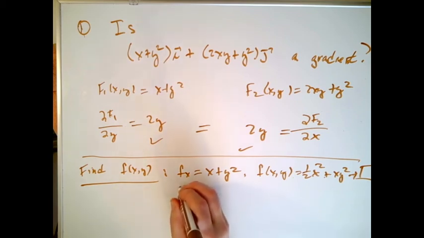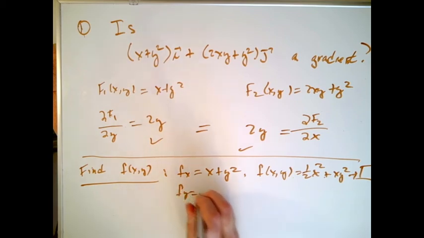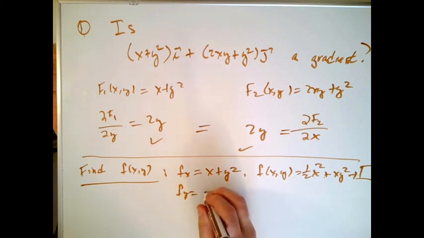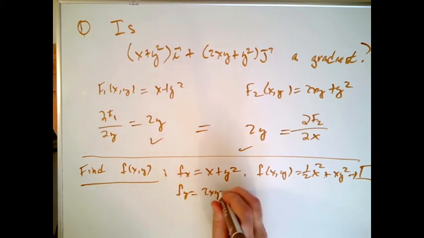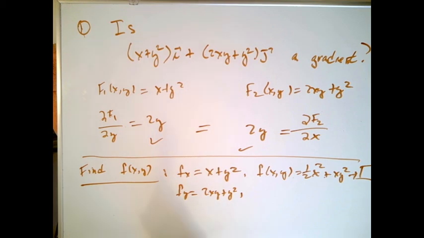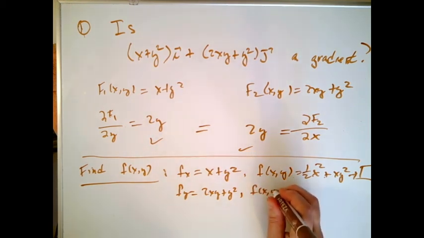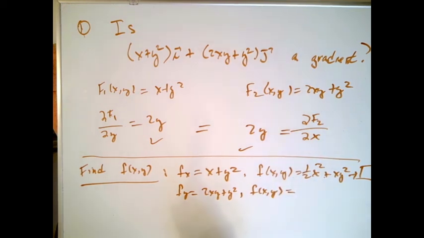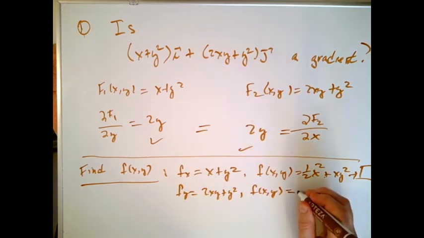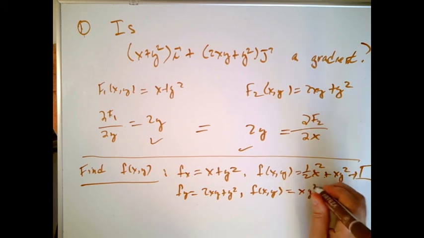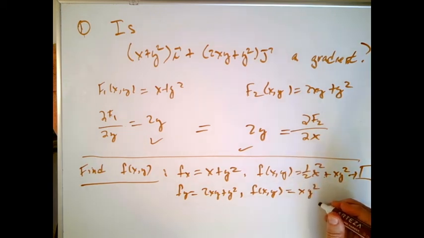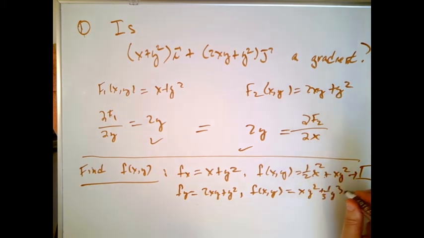We also know that fy must be 2xy plus y squared. Now I'm going to take the partial antiderivative here with respect to y, and so I know that f of xy, with respect to y, yes, we're going to get xy squared plus 1/3 y cubed, plus some stuff that might have some only x's in it.